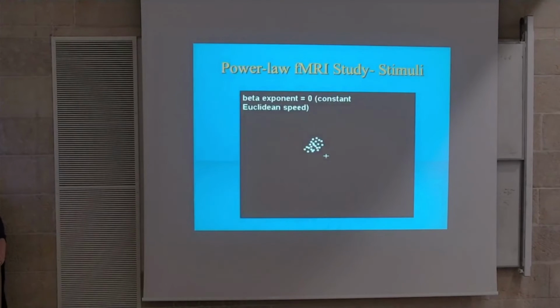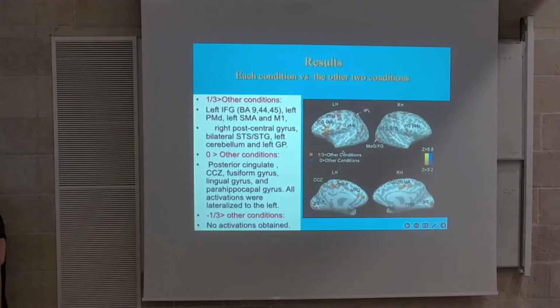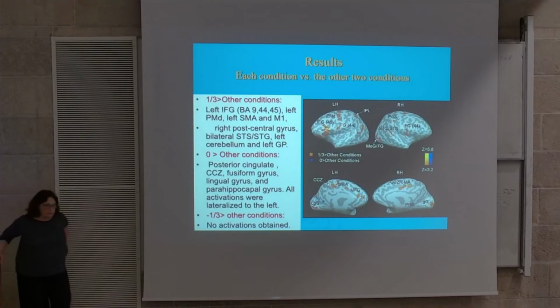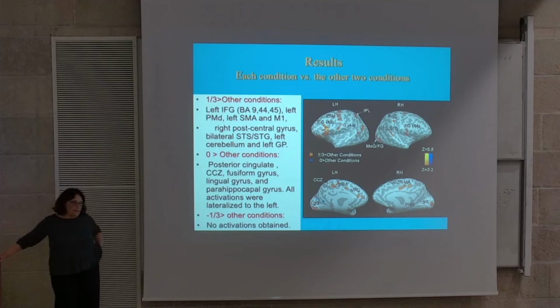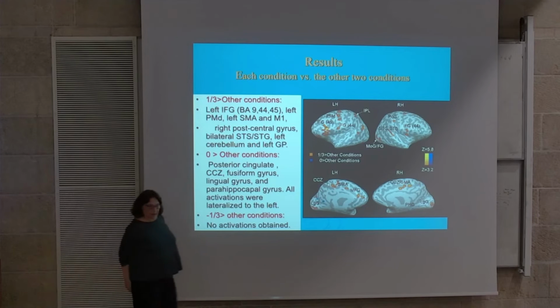Now we did ask, I don't have the movie to show you, but we put people in the magnet and asked them just to look at the dots, and we have the dots moving in different kinds of velocities, and see what parts of the brain are active.